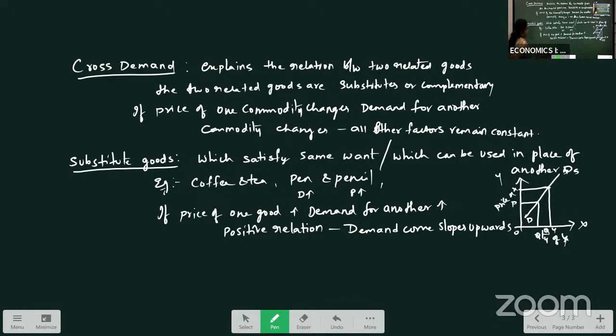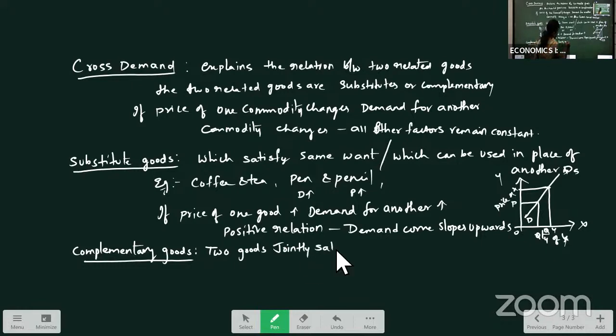Now, after substitutes, what is the other type of good we have? Complementary goods. What are complementary goods? Complementary goods are two goods that jointly satisfy our wants.